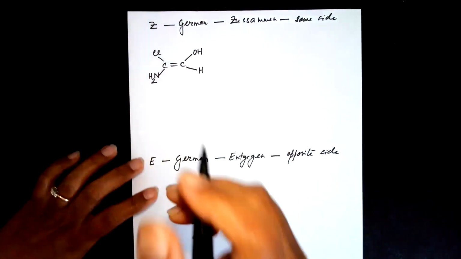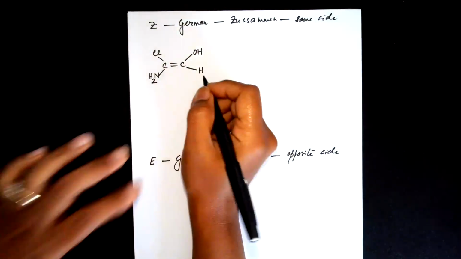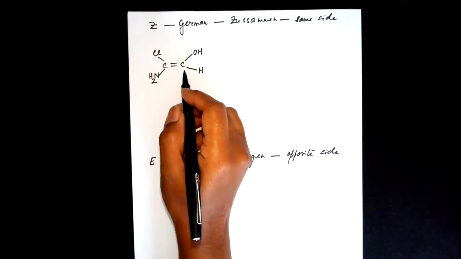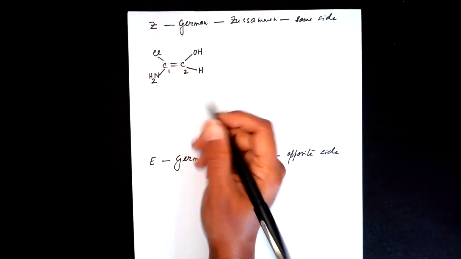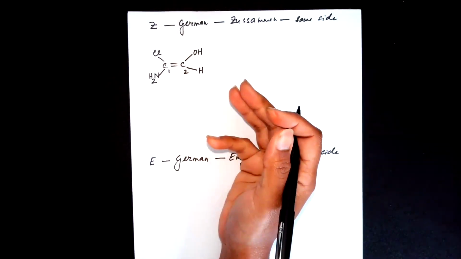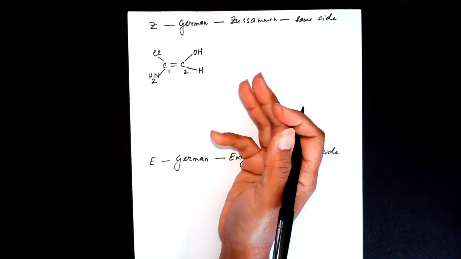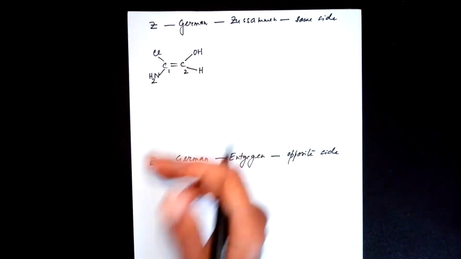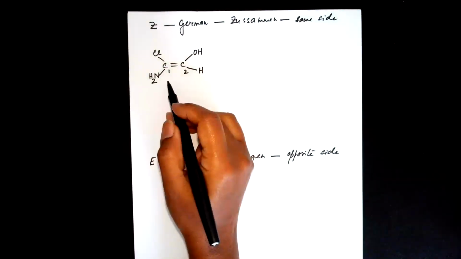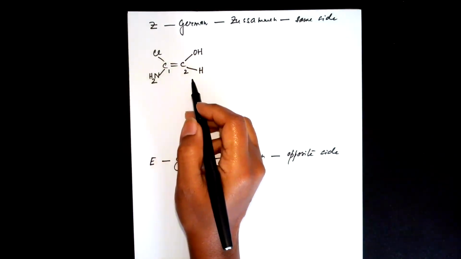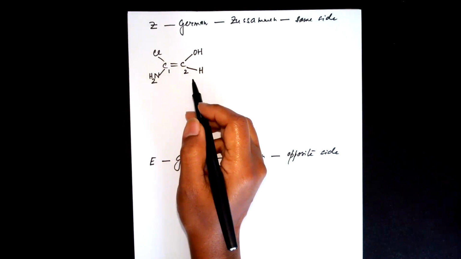So with a molecule like this, yes, I see a CC double bond. I could call this carbon 1, I could call this carbon 2, but I don't see any like groups. So how am I going to decide if this is the Z form or the E form of the molecule? Also, just so you know, if I'm not doing IUPAC nomenclature in one of my lectures, I just randomly number my carbons to be able to follow them along and refer to them by a name.